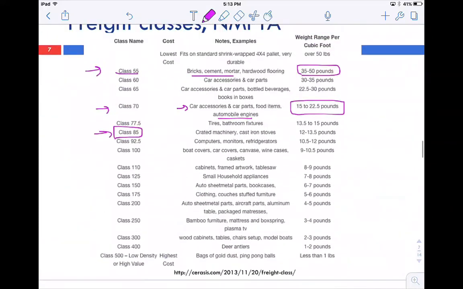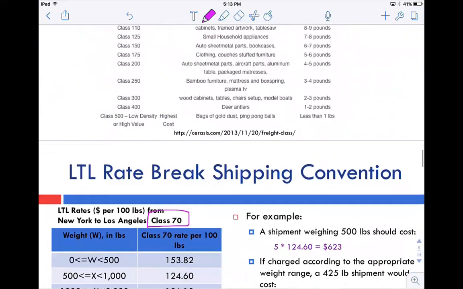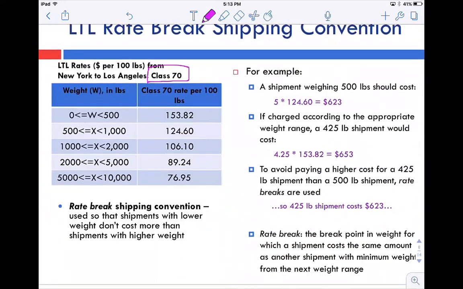If you remember class 70, we talked about it in the previous video. It was for our car accessories, car parts, food items, and automobile engines. And what they did is they told us that this is their pricing structure.